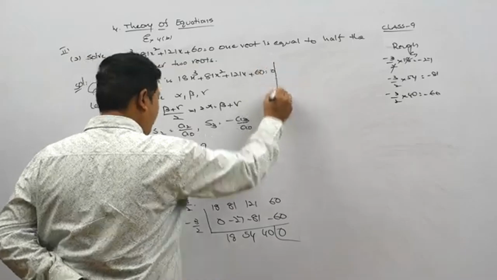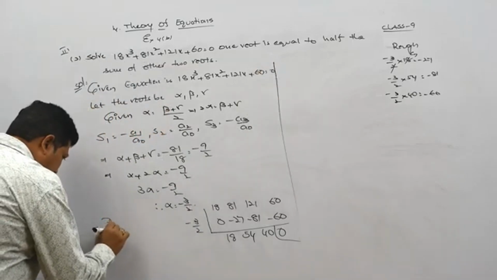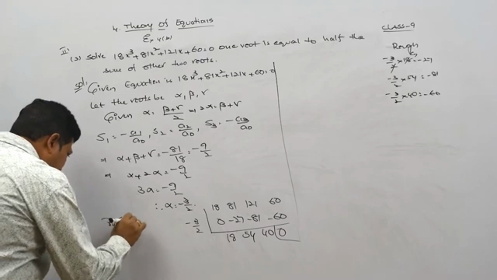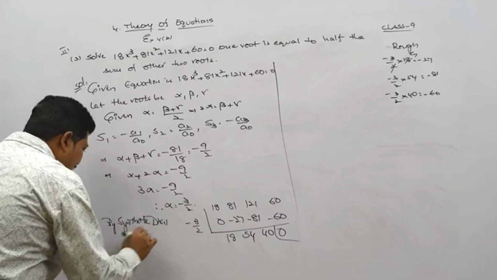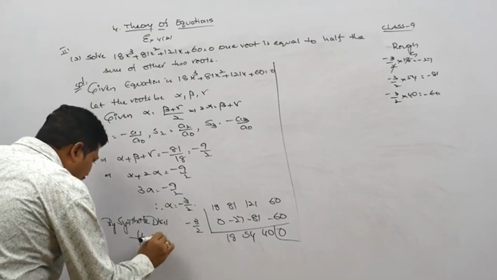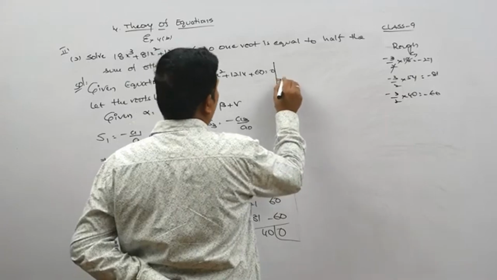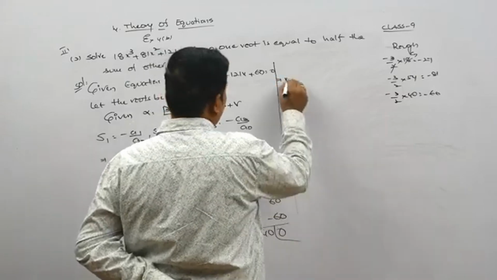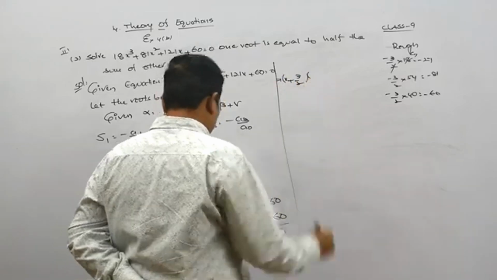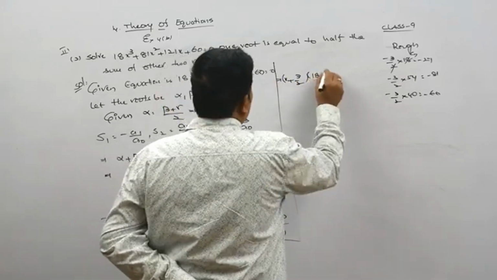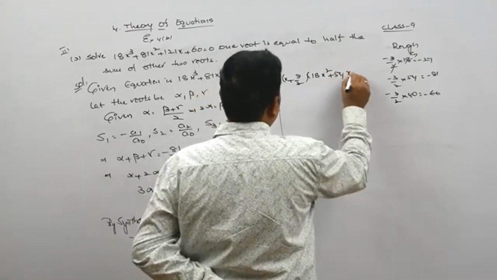Now by synthetic division, f of x is equal to 0 implies we can have x plus 3 by 2 into 18x square plus 54x plus 40 is equal to 0.